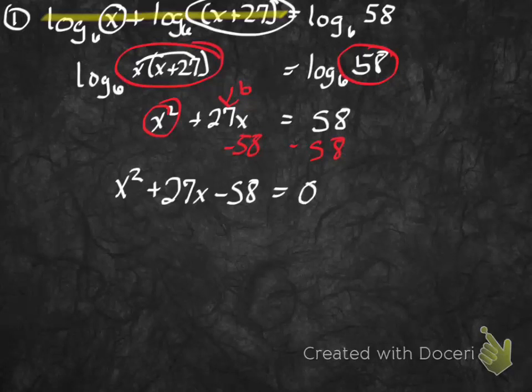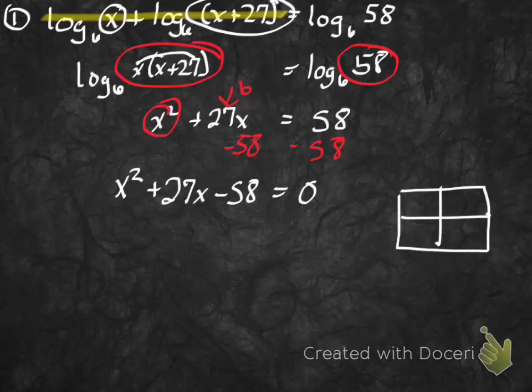And so when we're factoring, that's where we use the boxes to help us. We had x squared, and we wanted to get negative 58. And so what two numbers multiply to give me a 58 that will give me a difference of 27?